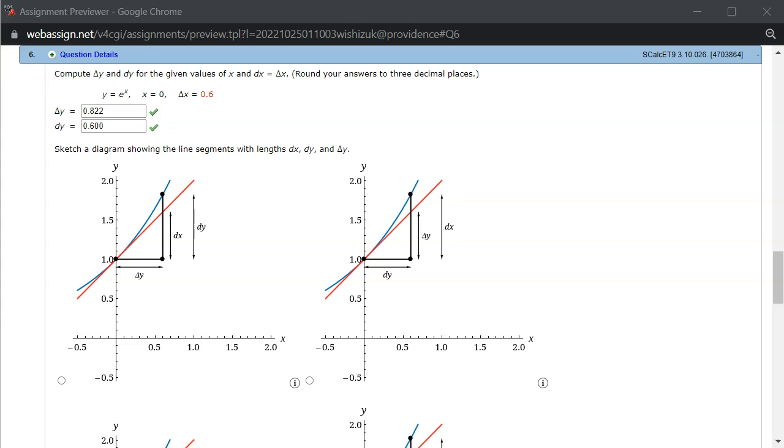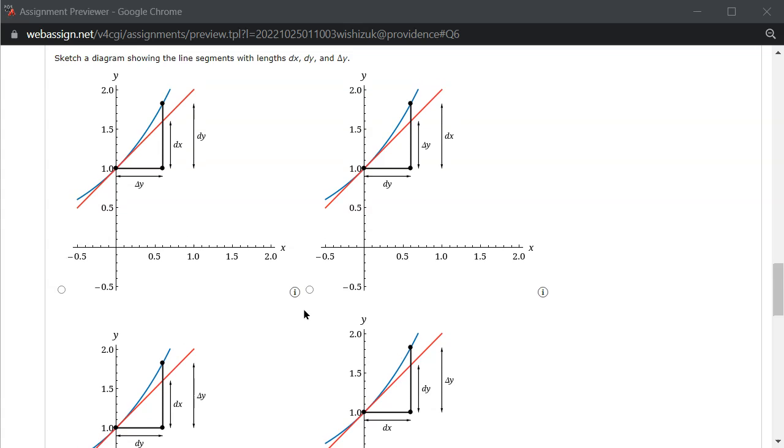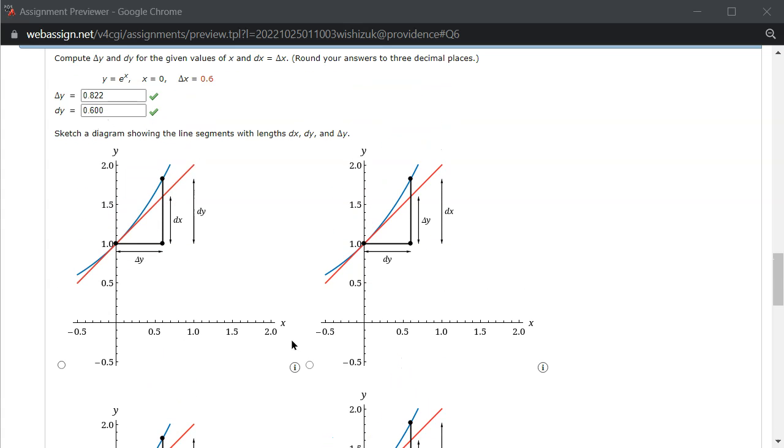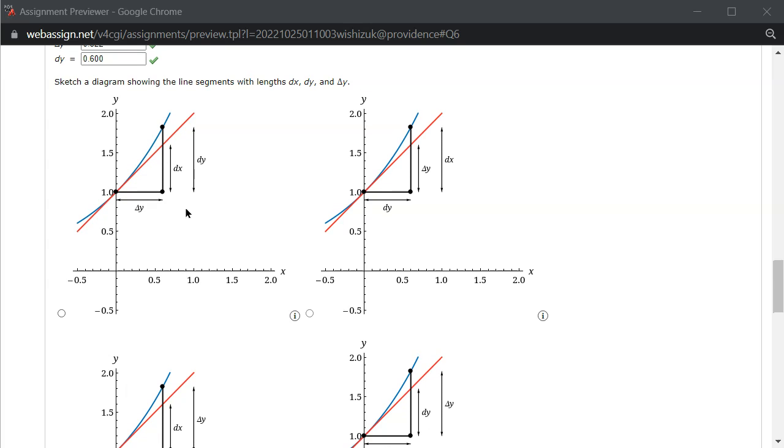All right, I came back and we got the delta y value and the dy value. Now we just have to look for the correct picture. Let's look at the first picture. dy is the difference, so here, this is already wrong.